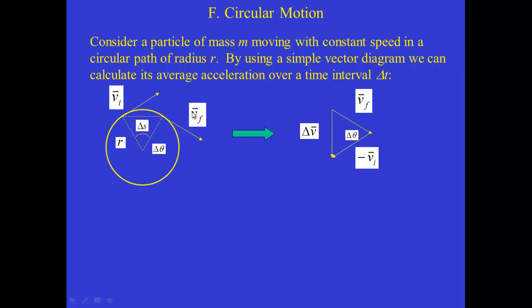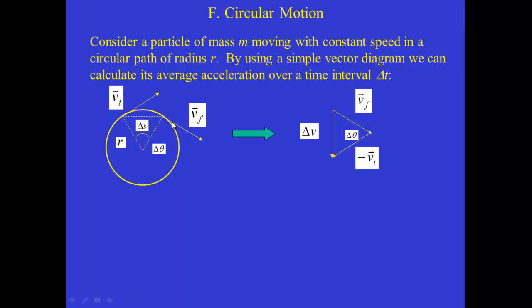Now we can make a vector diagram showing the change in the velocity over this short time interval. Remember that delta v always represents final minus initial. So delta v will be v final minus v initial.